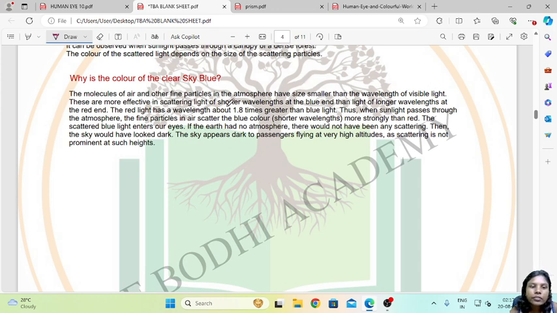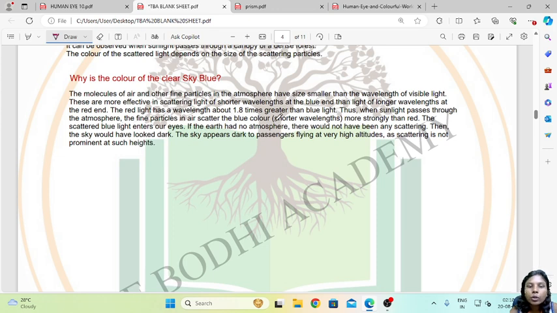The red light has a wavelength about 1.8 times greater than that of the blue light. Thus, when sunlight passes through the atmosphere, the fine particles in air scatter the blue color more strongly than the red. Because the wavelength of red is so much greater, the red light is not scattered as much, whereas we see the scattering happen in the blue color. The scattered blue light enters our eyes.